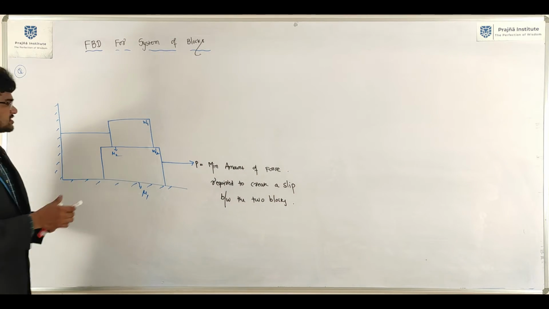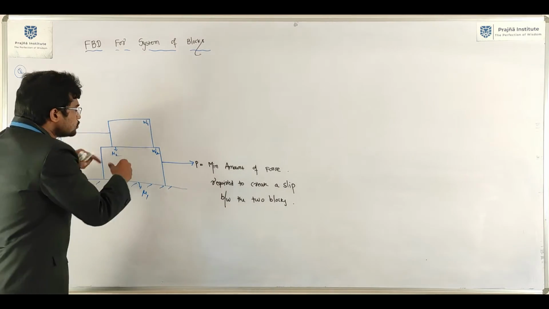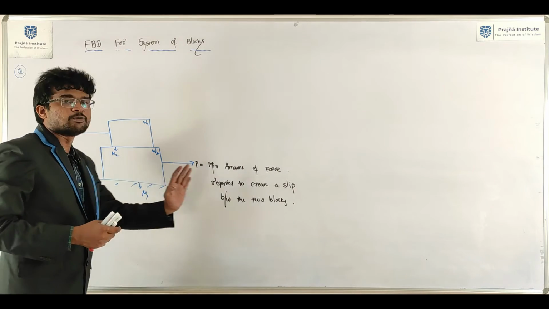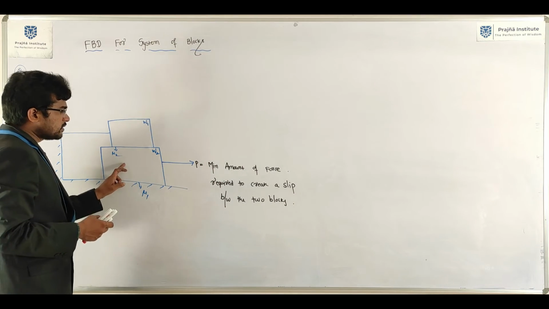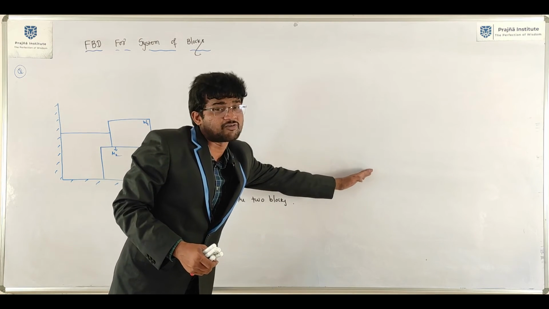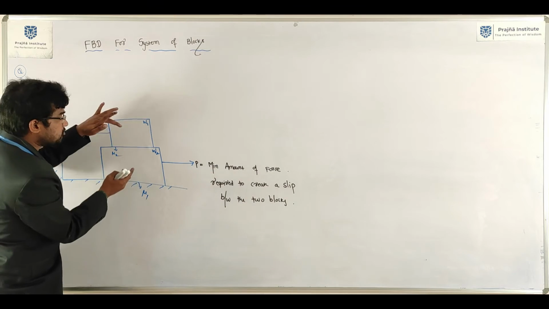Here, just to create a slip between the two blocks, the two blocks are not in motion. If block 2 is in motion, moving with acceleration a, then it will go somewhere after time t seconds. In that case there is no contact between the two blocks.